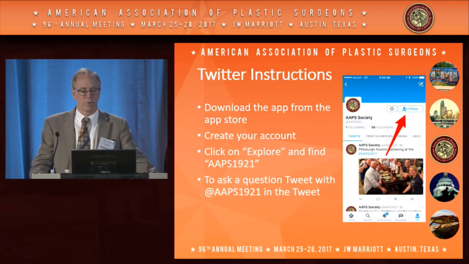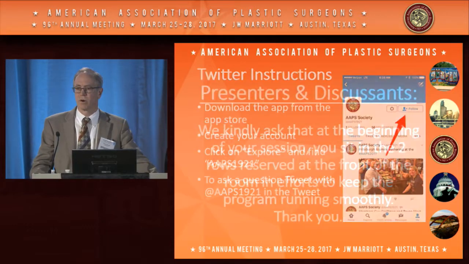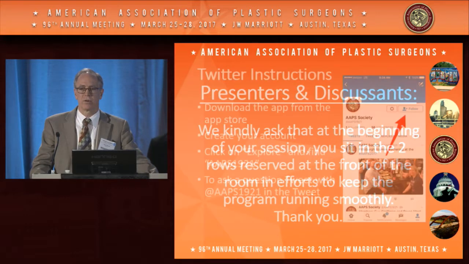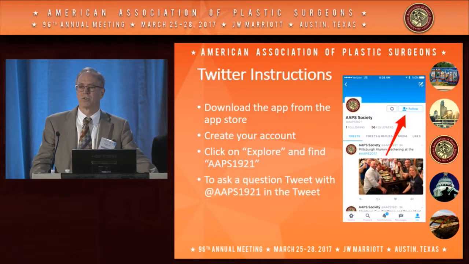Bring up AAPS 1921, which is the Twitter account for the association. Then anytime within your own Twitter account, put the @ with AAPS 1921, and then put your question in.